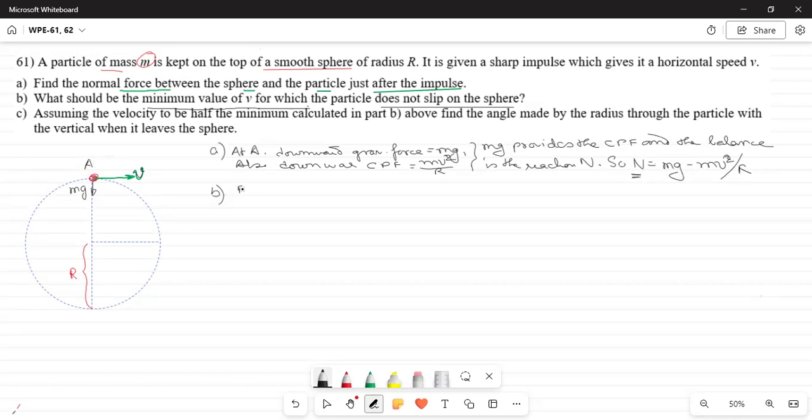So for no slipping, mg has to be equal to m v square by r. We write the minimum velocity vm: m vm square by r is equal to mg.